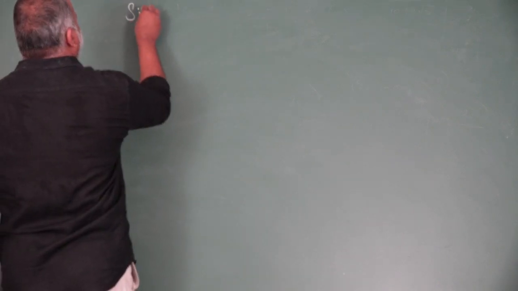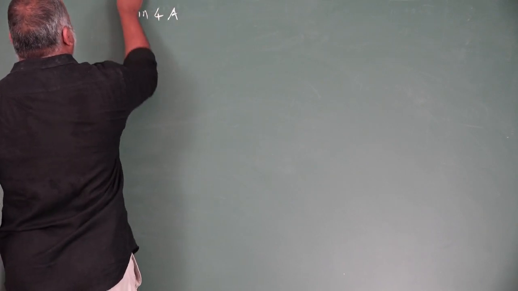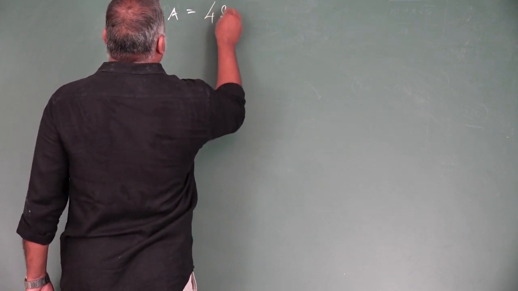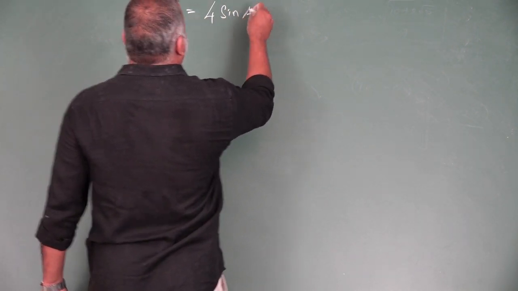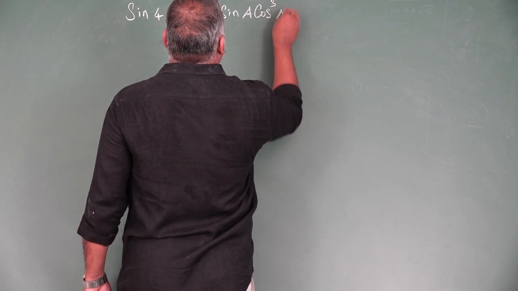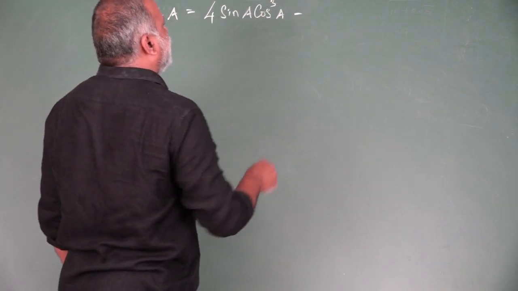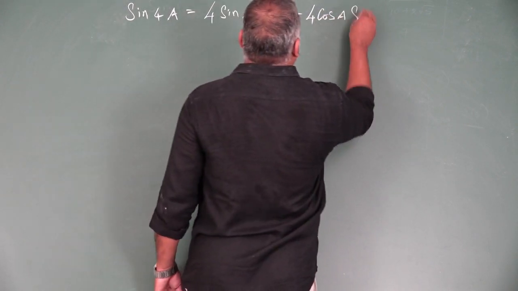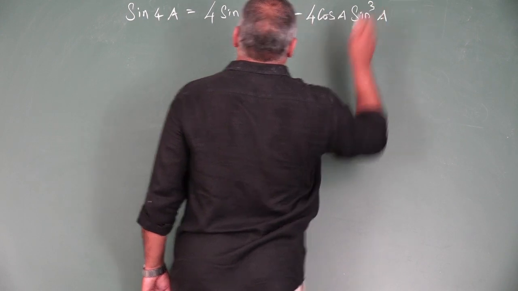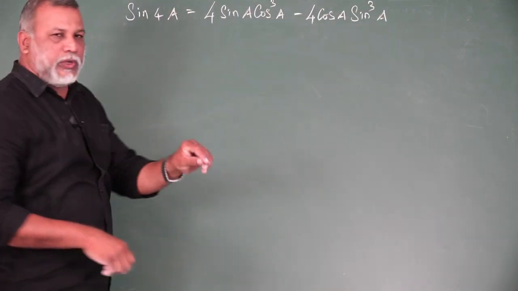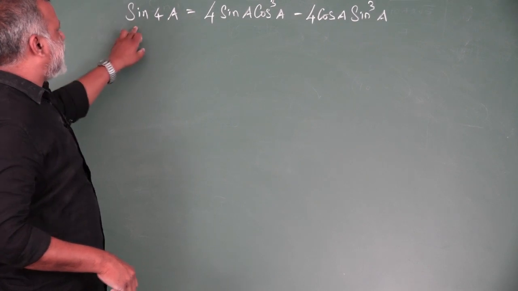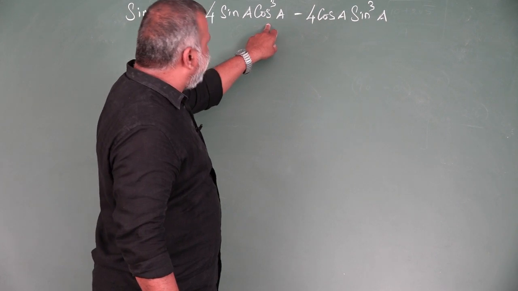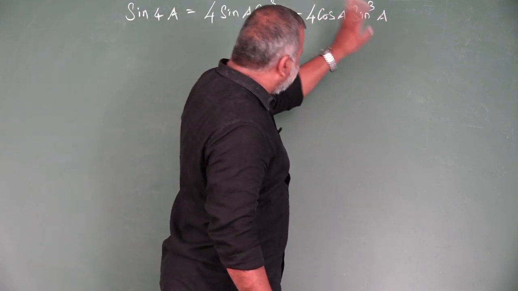Now listen, prove that sine 4A equals 4 sine A cos cube A minus 4 cos A sine cube A. This is the first proof we are going to work out.